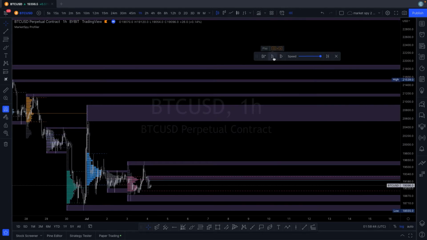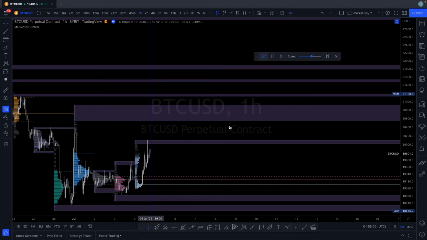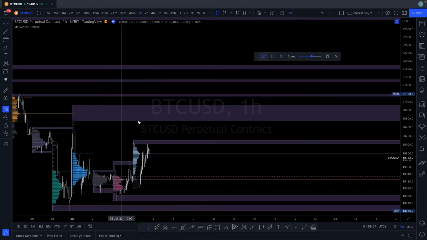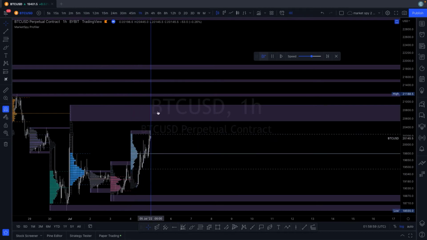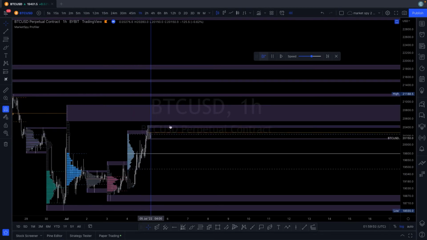So now that we've rewound price and we have some of these as examples, let's let price play out a bit. Okay, so again, we have some sell tails up here, so we're going to need volume to pump into these zones.